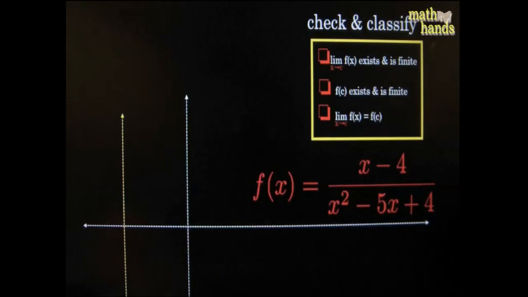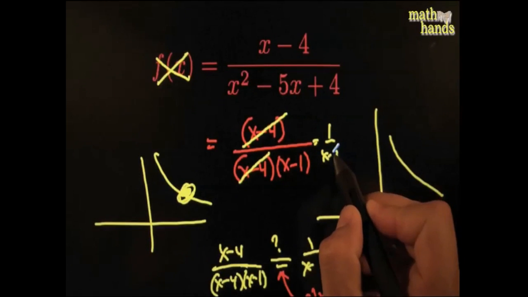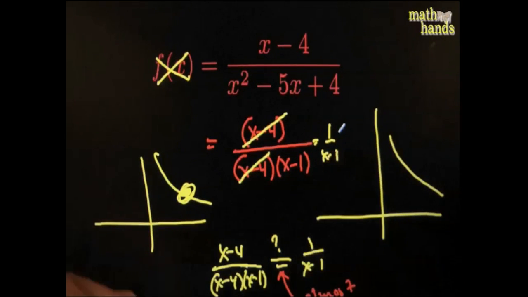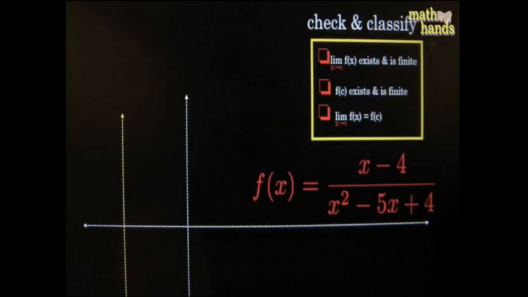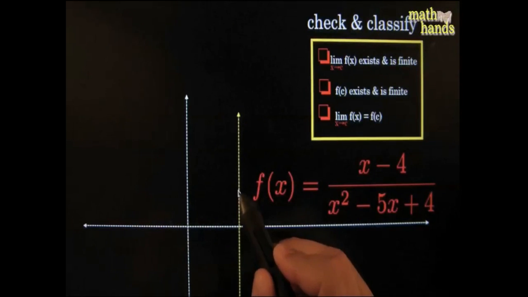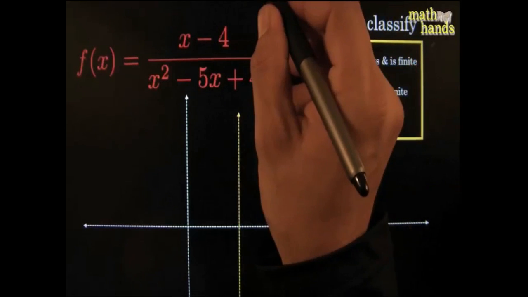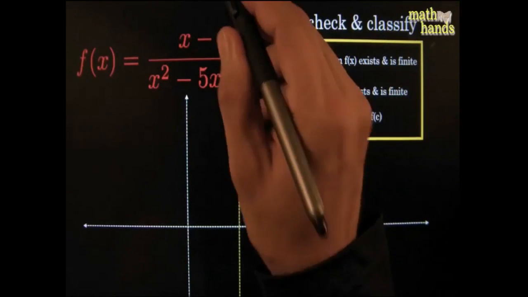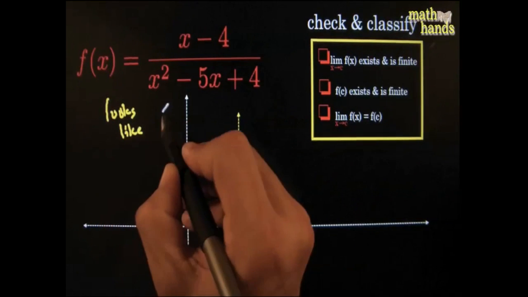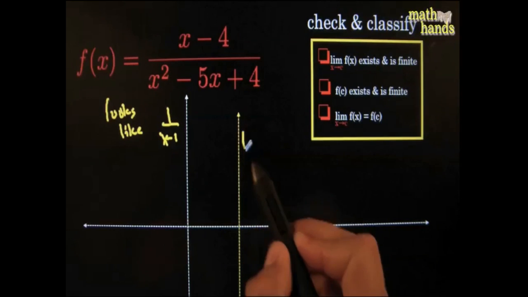Let me think. The graph will look like 1 over x minus 1, which just looks like 1 over x shifted to the right one. It looks like this. After I simplified, 1 over x minus 1 looks like an asymptote shifted to the right one.